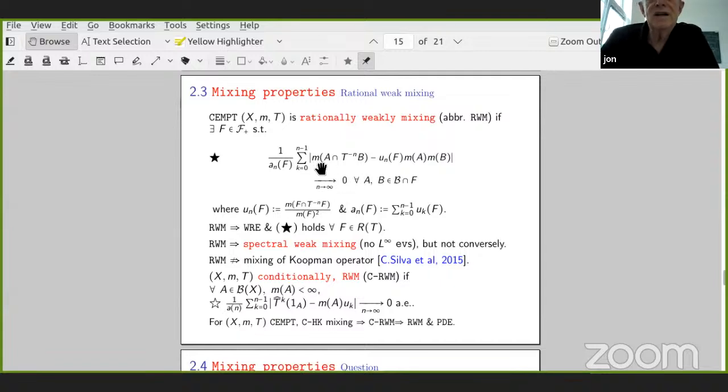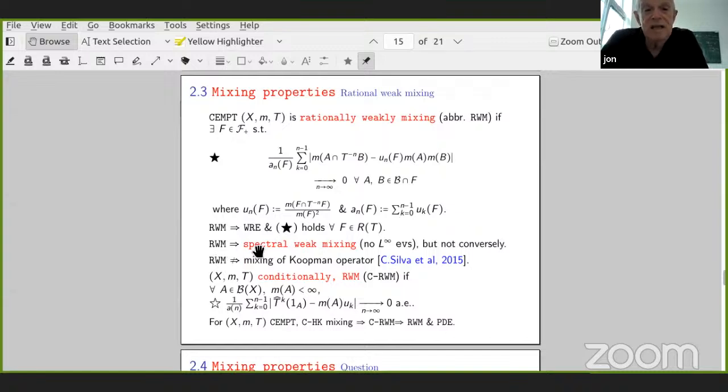So it's like the measure of A intersect T^(-n)B divided by u_n(F) converging in some kind of strong Cesaro way, generalized strong Cesaro way, to the product of the measures. So we can get that rational weak mixing implies weak rational ergodicity, because strong Cesaro implies weak Cesaro convergence. And in fact, this will hold for every F in the hereditary ring for weak rational ergodicity.